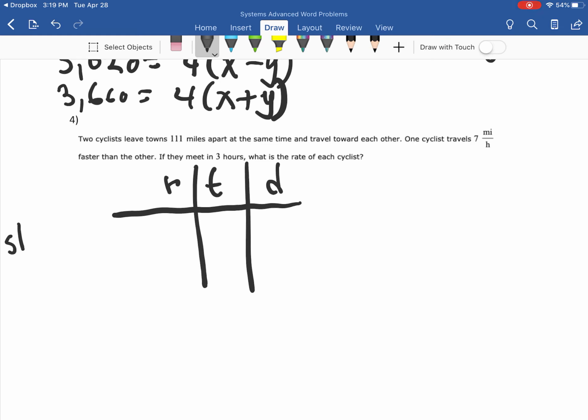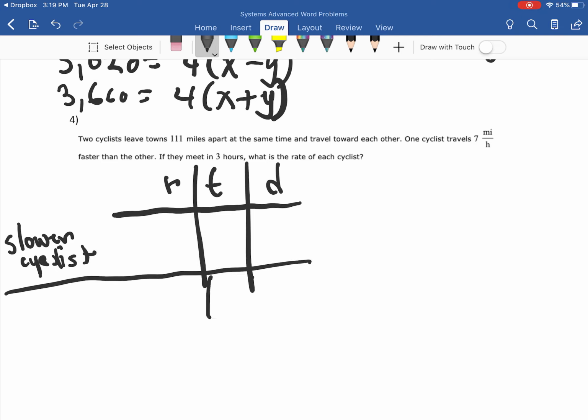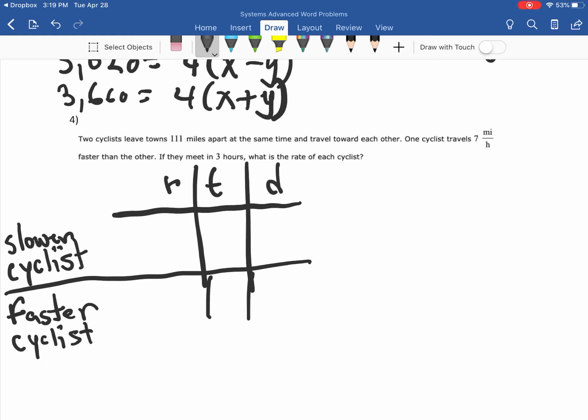We're going to call one the slower cyclist, and then we've got the faster cyclist.